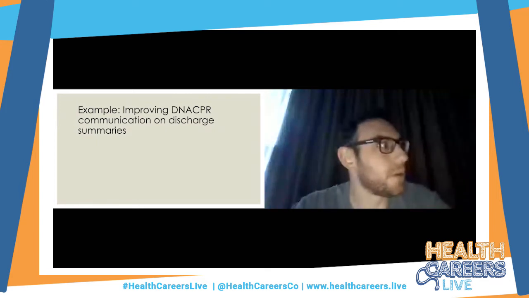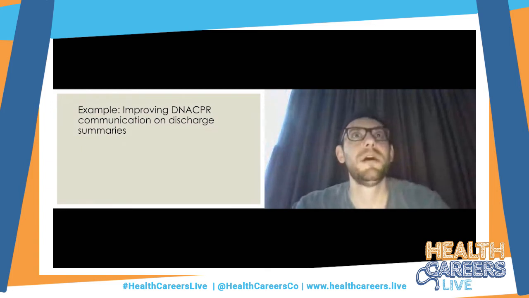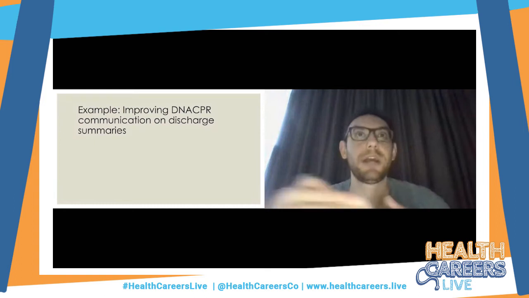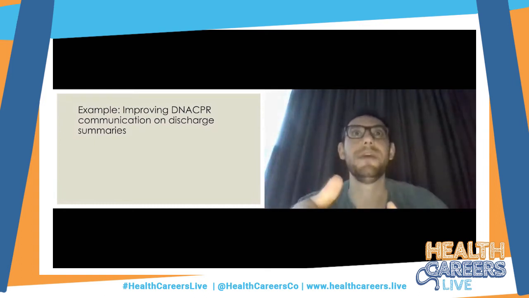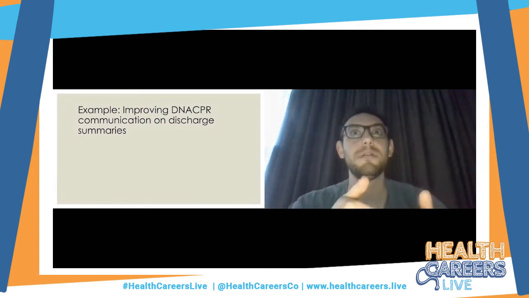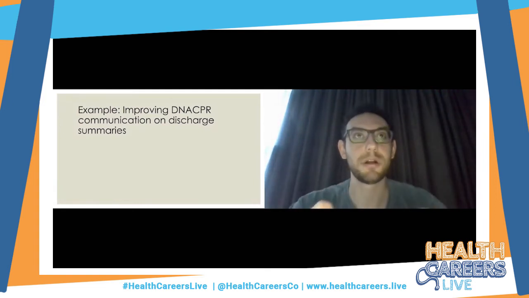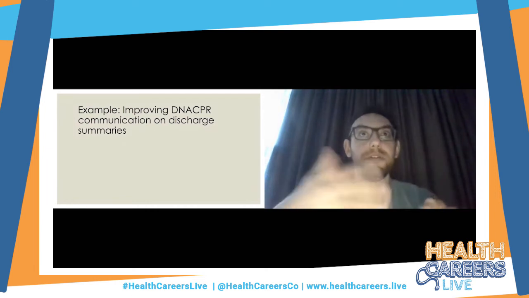And going back to the definition of QI projects, by not accurately documenting that DNA CPR status change and informing their GP about it, you're losing that handover between secondary and primary care. The GP then doesn't know that the conversation's been had, whether the patient's agreed to it, or whether there's a form in place.